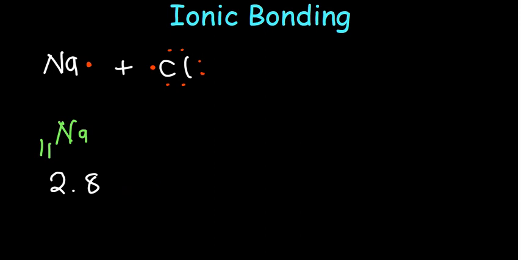So expect that our result is going to be that sodium will lose its electron, and it will just remain like that with a positive charge, to indicate that it had lost an electron.